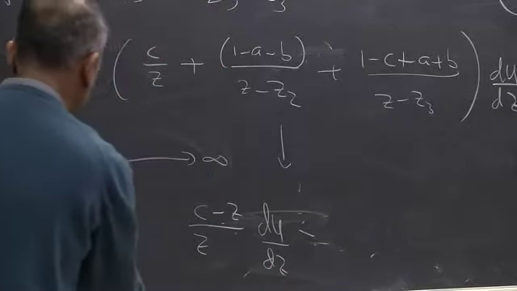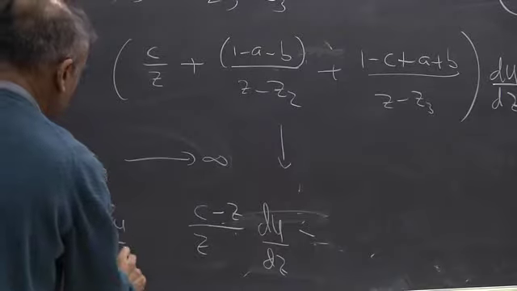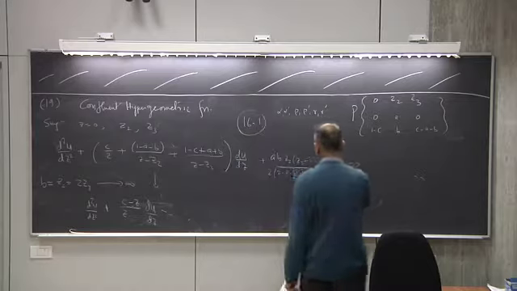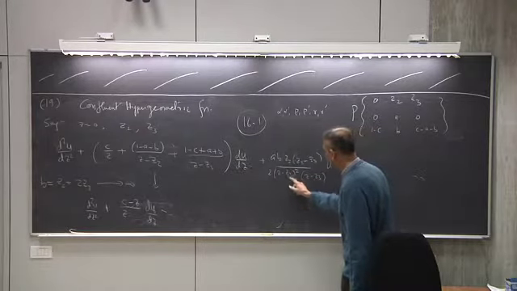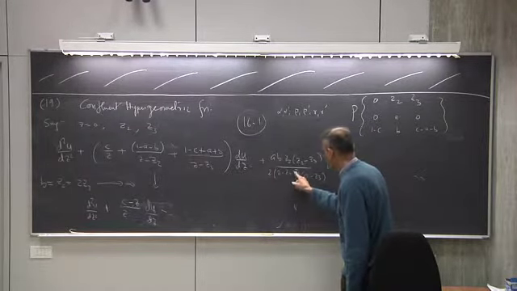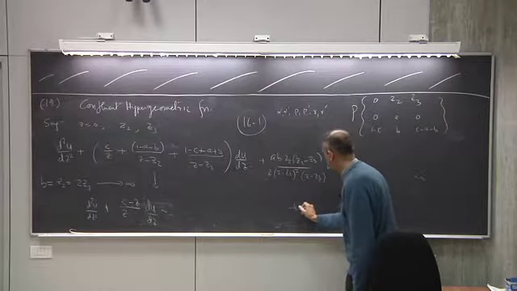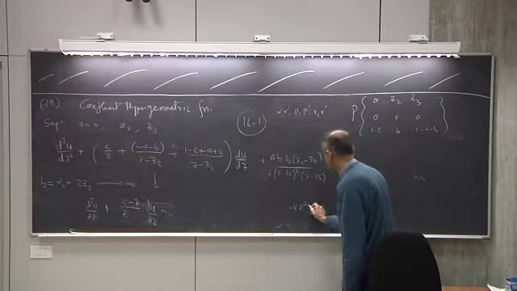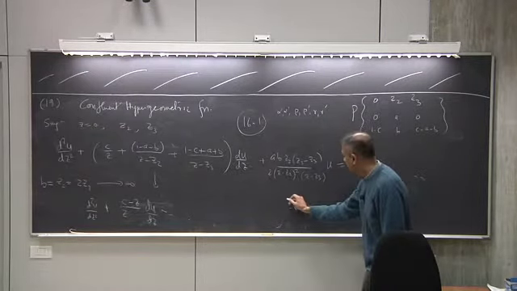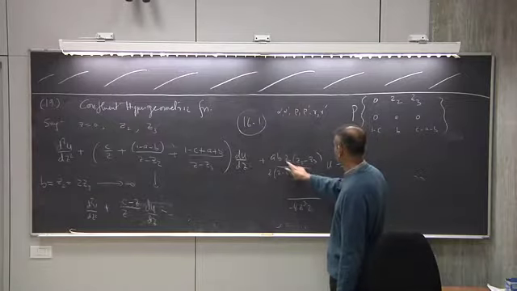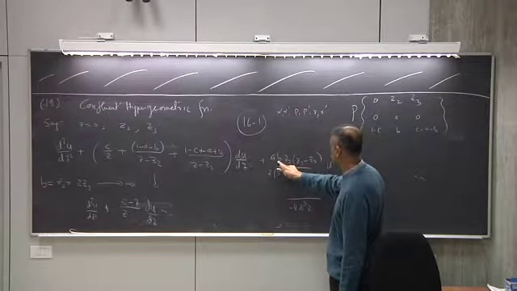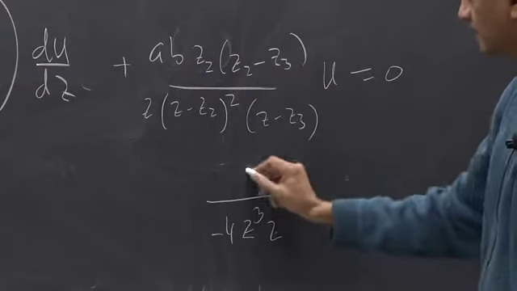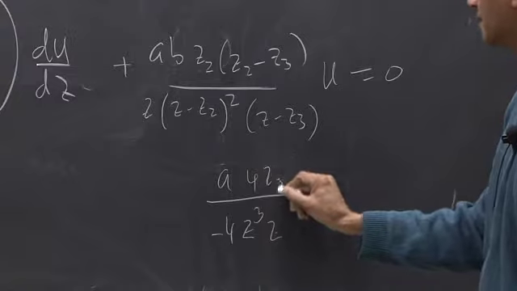This remains the same, d2u by dz2 plus that. And here, Z2 is 2Z3, so this becomes 4Z3 squared, and then -4Z3 cubed times Z. That is what the denominator becomes. And the top becomes 2Z3, 2Z3, 4Z3 squared, and then this is Z3. So 4Z3 A times 4Z3 cubed.